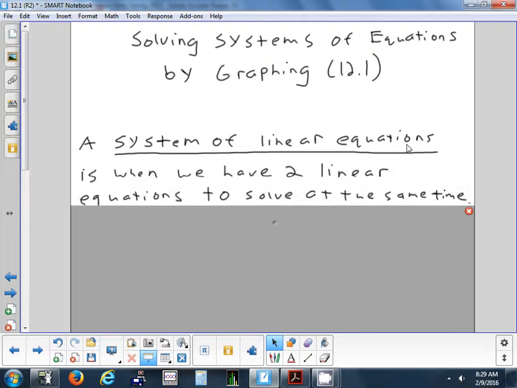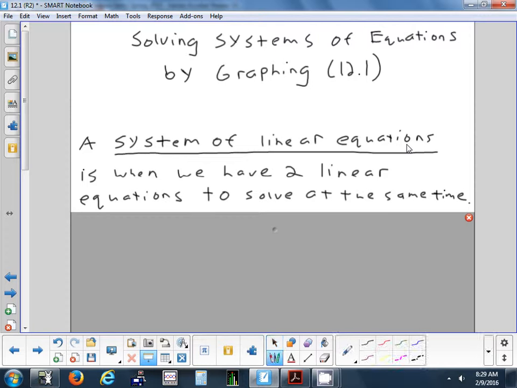What is a system of equations? Well, the kind of problems we've solved before usually had one letter in them. When you did, I think it was chapter 3 at the beginning of the year, we might have had something like 2x plus 3 equals, I don't know, 11.